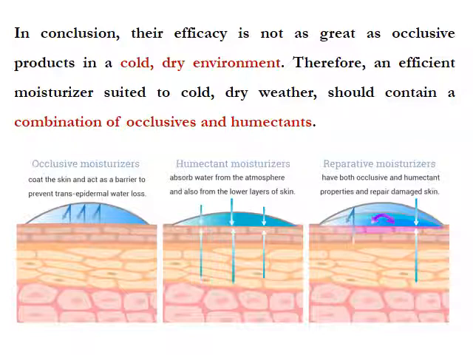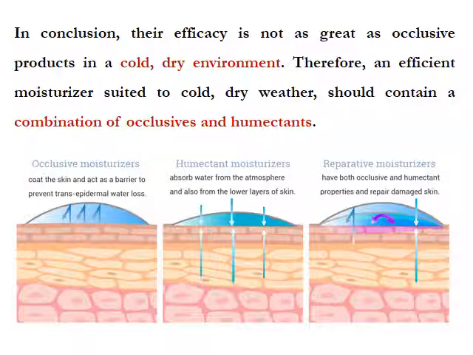Let's have a look at the inserted picture. Starting from the left, occlusive moisturizers coat the skin and act as a barrier to prevent the transepidermal water loss. What about humectant moisturizers? They absorb water from the atmosphere if we are in a humid environment, and also from the lower layers of the skin, which can be in large amounts if we are in a non-humid environment.